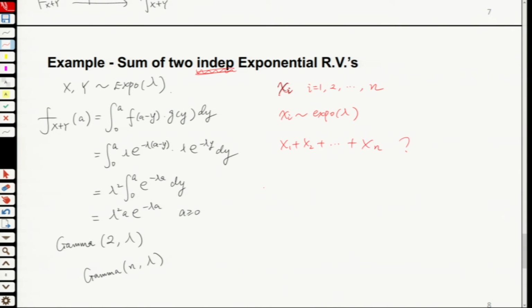The new distribution is gamma n lambda. What is the function form?